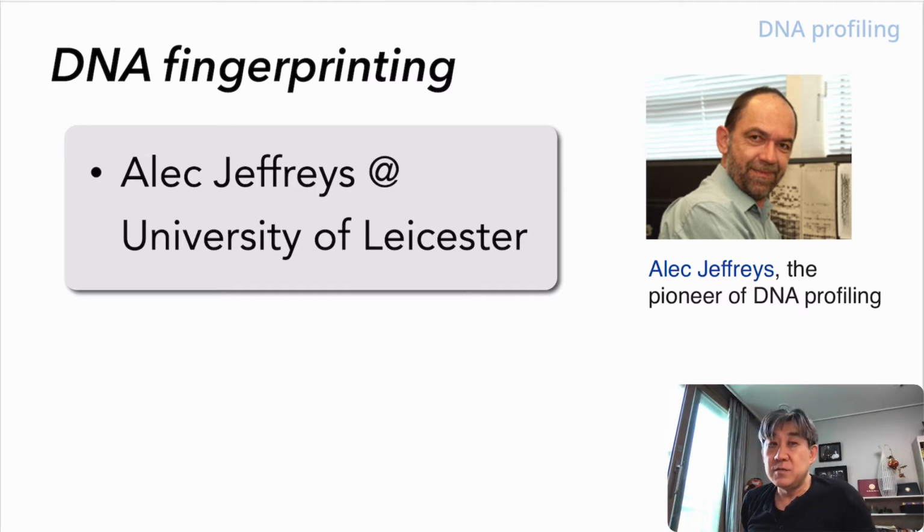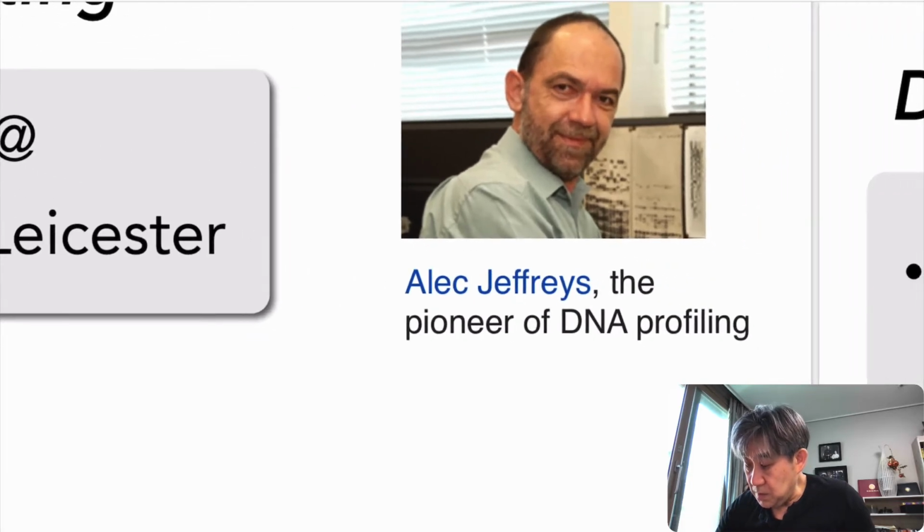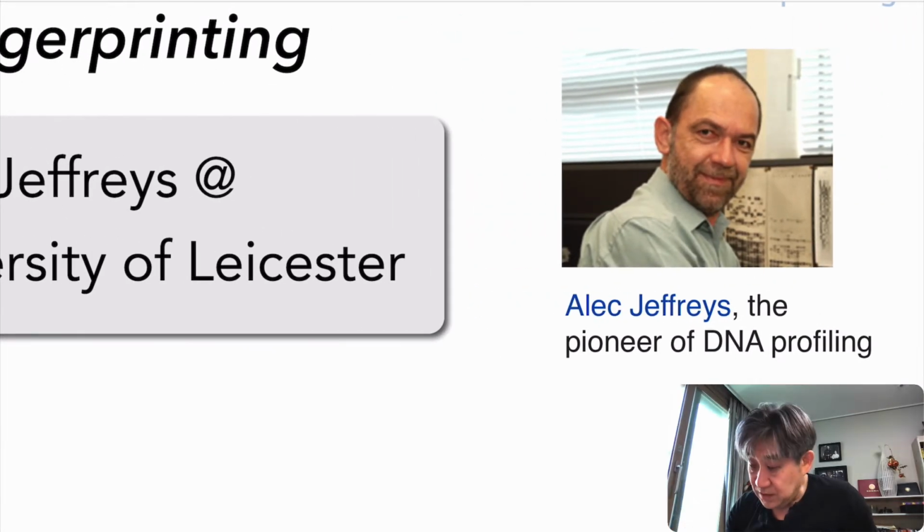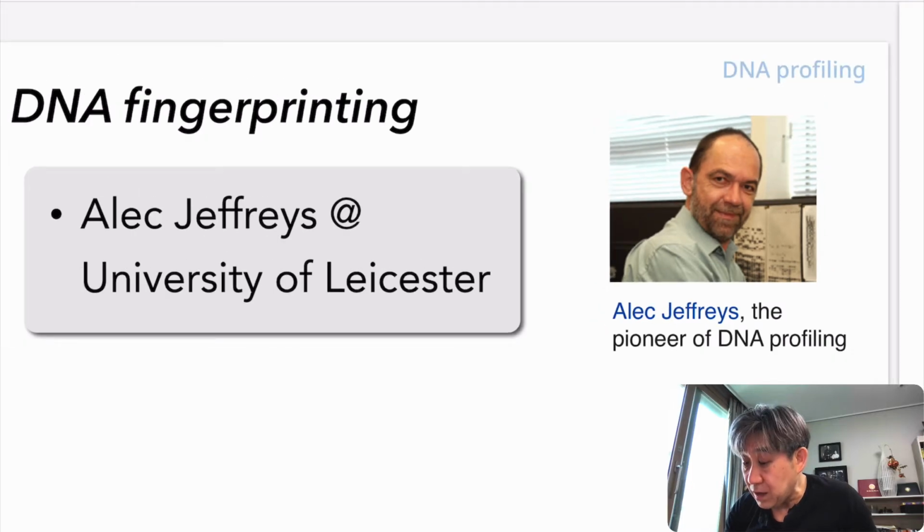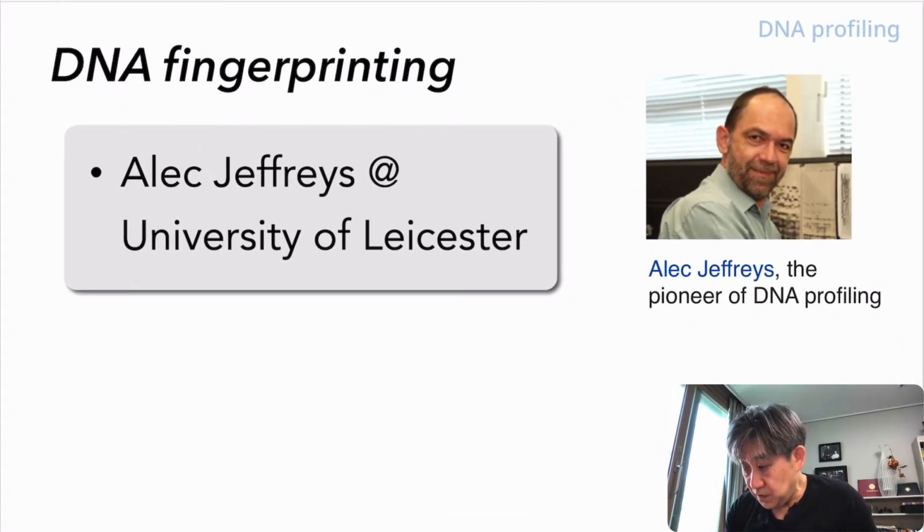So now here comes DNA fingerprinting. Originally it was invented by the scientist Alec Jeffreys in Great Britain, so he can be recognized as the pioneer of DNA profiling, and he is still alive and active in scientific research.